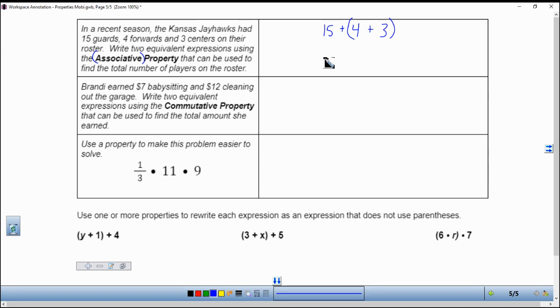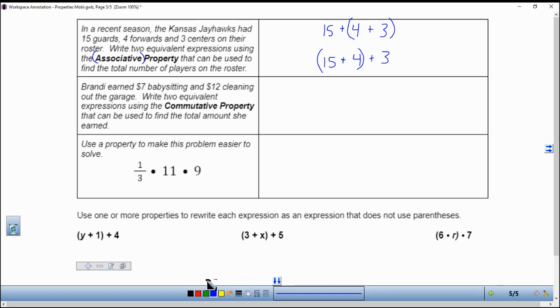So with associative property, it's key to keep the numbers in the same order, 15 plus 4 plus 3. But we're just going to group them differently. So instead of grouping the 4 plus 3, we're going to group the 15 plus 4. Answer doesn't change. The value doesn't change. All we changed was the groups. So those are 2 different expressions using the associative property.